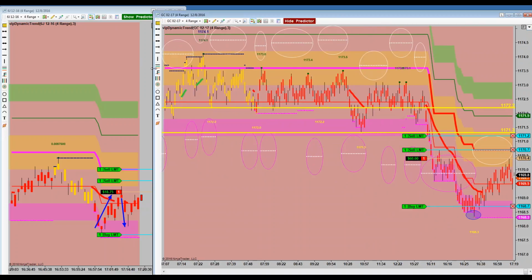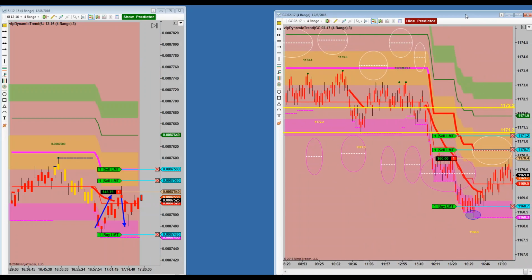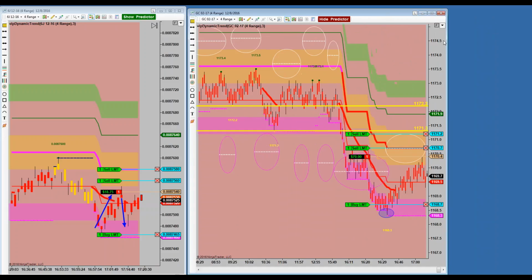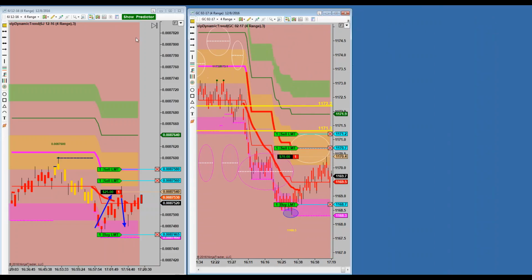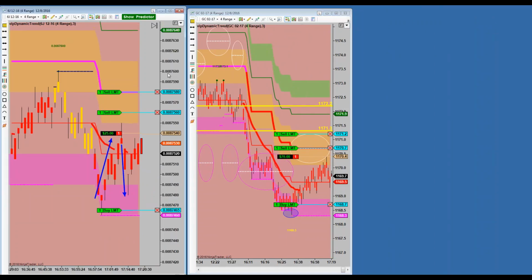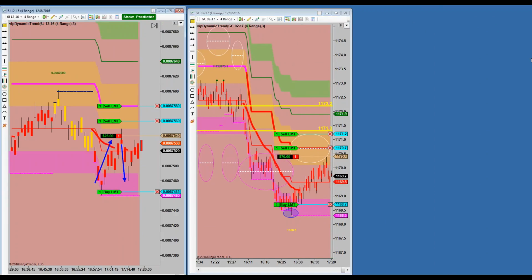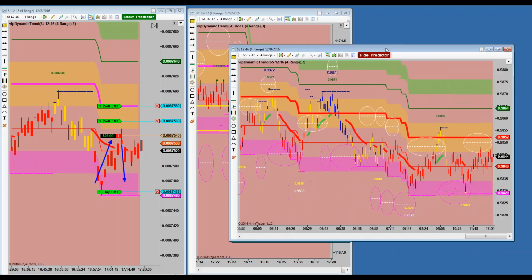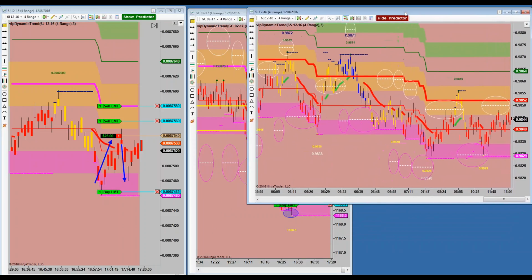All right, let's pull another chart or two up here. Anybody see anything else moving in the current market condition? 6S. I've got a 6S chart up here. It's a little flatter than gold and 6J.